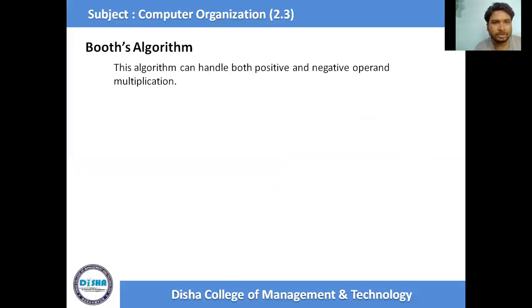So Booth's algorithm can handle both positive and negative operand multiplication. We know that a computer cannot easily perform operations with negative numbers. When we are going to multiply any negative number, we must follow Booth's algorithm.